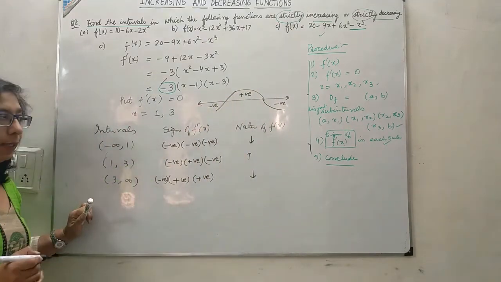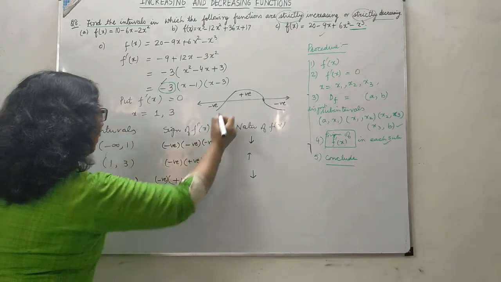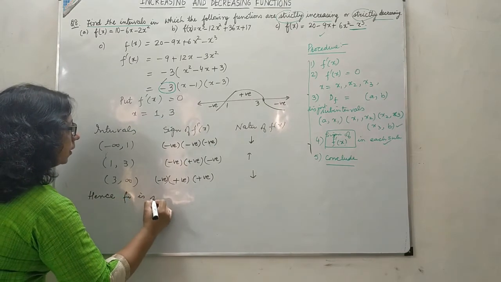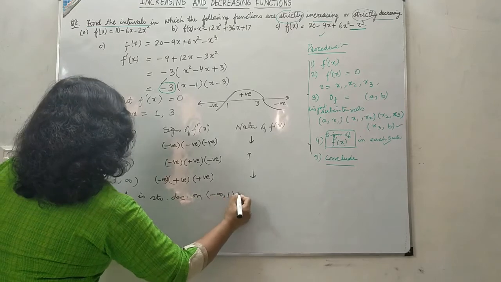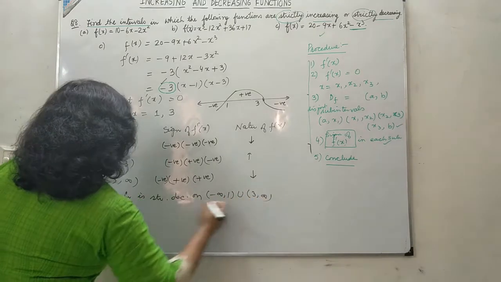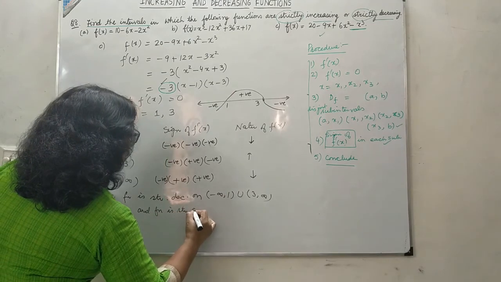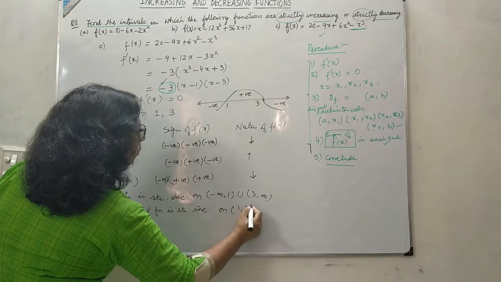So you have to be very careful about this, and now we can conclude that the function is strictly decreasing on minus infinity to 1 union 3 to infinity, and the function is strictly increasing on 1 to 3.